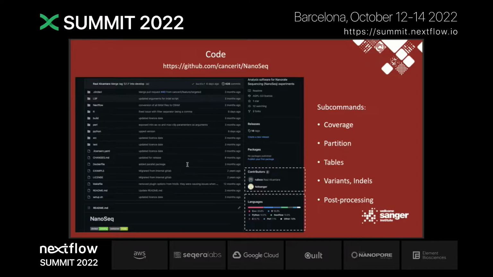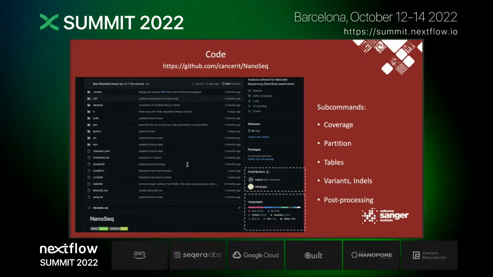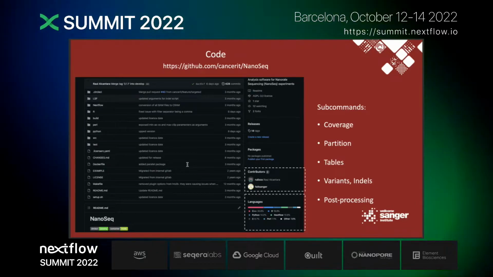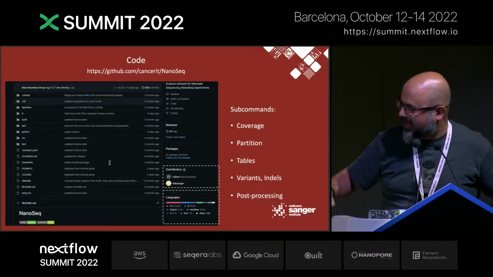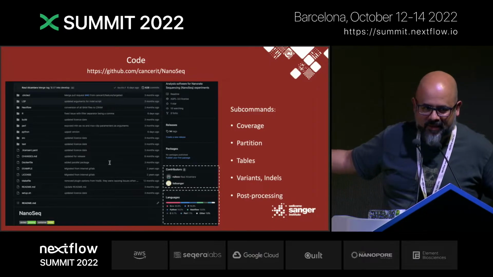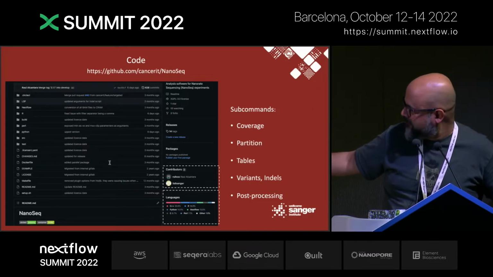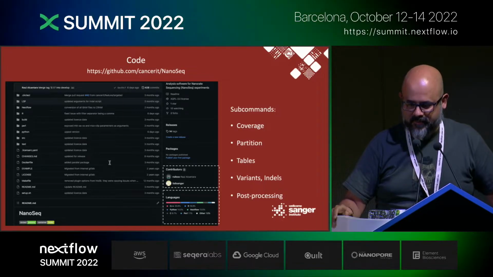Basically, you do a quick coverage calculation to estimate how many reads you have in each area of the genome, then partition the genome accordingly and calculate tables that are spread over many jobs. Then using those tables, you compute the variants, SNVs and indels, and finally put everything back together into just a BCF file.